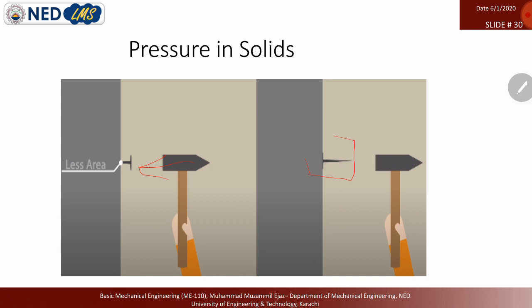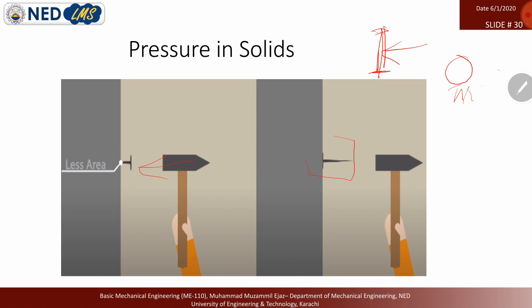Why? Because in this particular condition, the hammer is applying force on the perpendicular area. For a nail, we have a circular area of pi r square, radius square into pi.